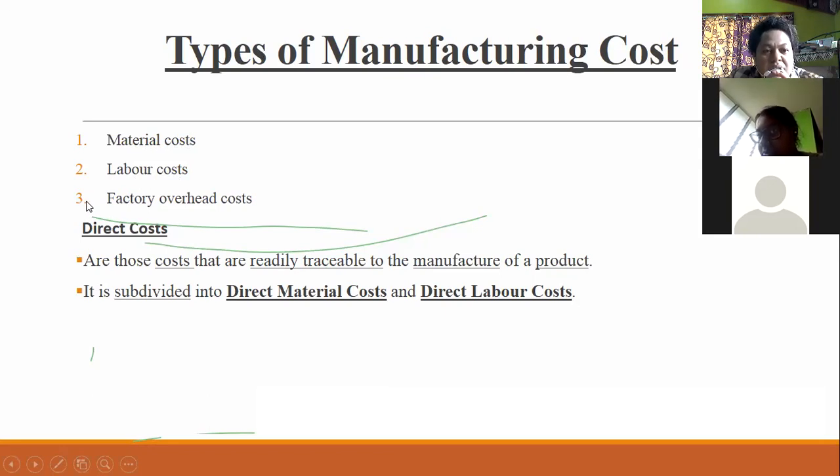And number 3, we have what is known as factory overhead costs. Material costs, labor costs, and factory overhead costs. Get hold of your syllabi, you'll know what I'm talking about. This is something that you need to know: the 3 types of manufacturing costs.